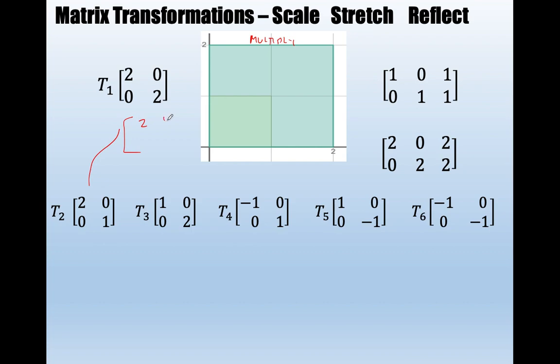We're going to say 2, 0, 0, 1, and you're going to take this as your function. You're going to multiply by the unit square, the matrix made up of the position vectors for the unit square. Then tell me what the result is. So what's the result of this matrix?